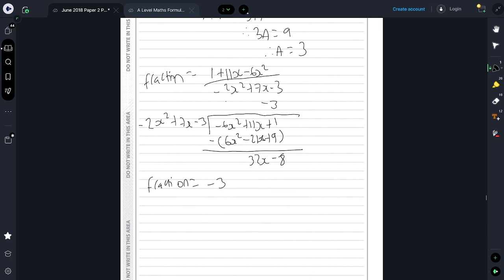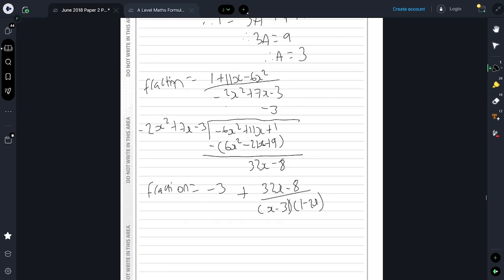Right, and because what this would be is -3 plus 32x minus 8 over x minus 3, 1 minus 2x.